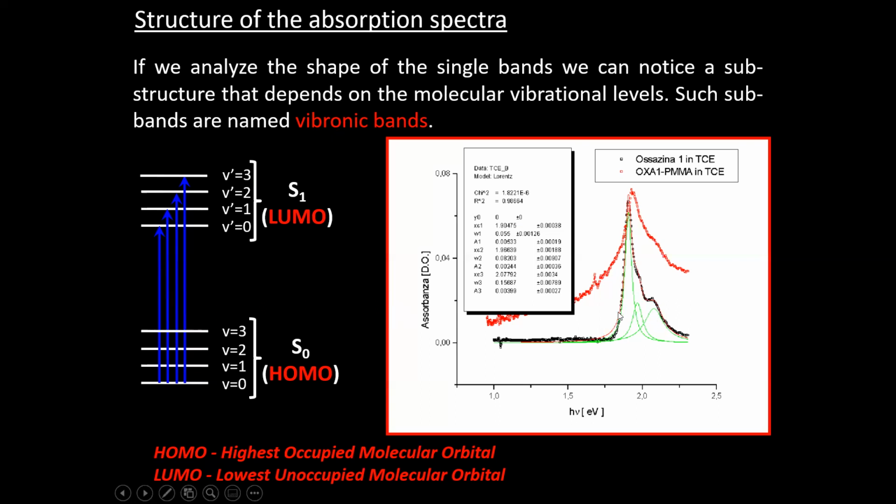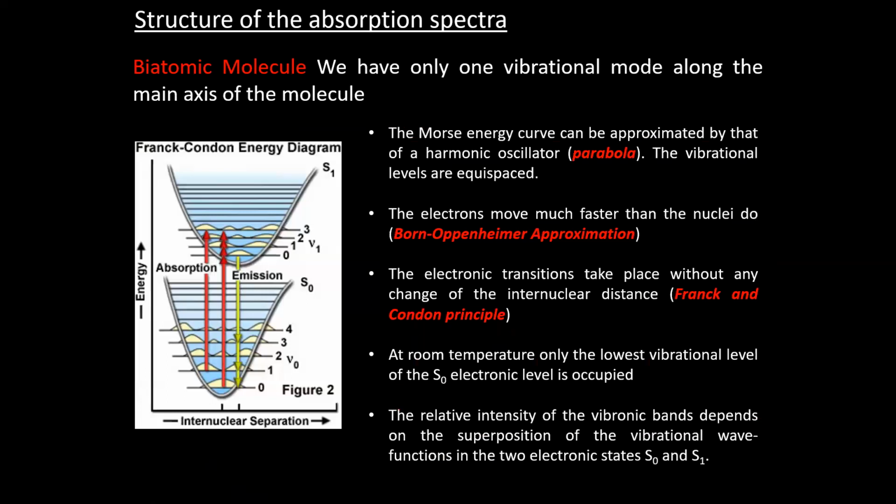What does it mean? That in some sense, it is much more probable to have a transition from v equal to 0 to v prime equal to 0 than a transition from v equal to 0 to v prime equal to 1. And one should ask himself, why is there this difference? And we try to give an explanation. What is happening here?